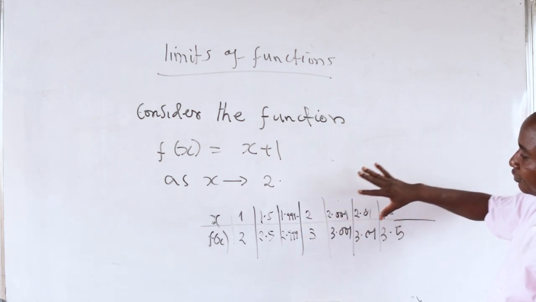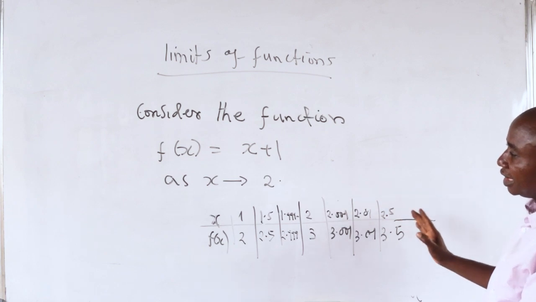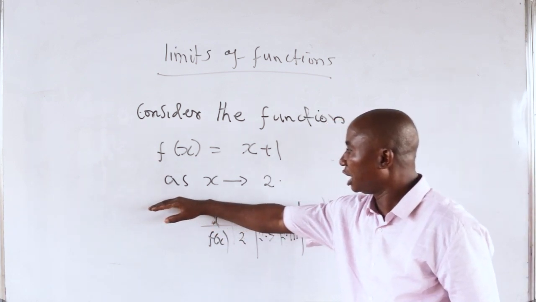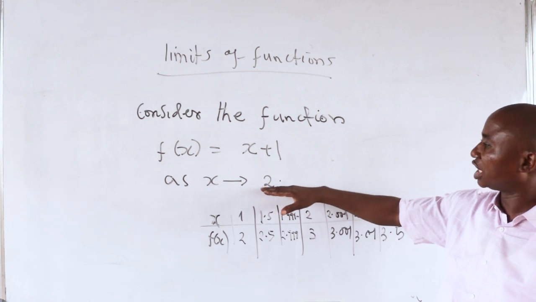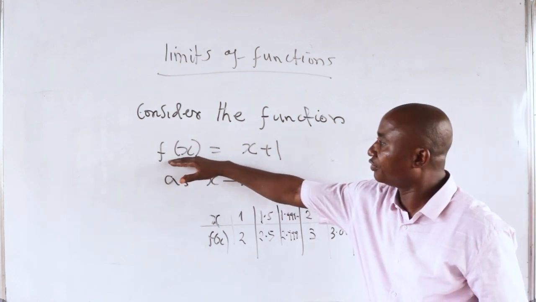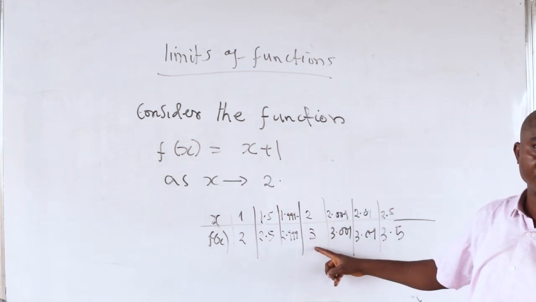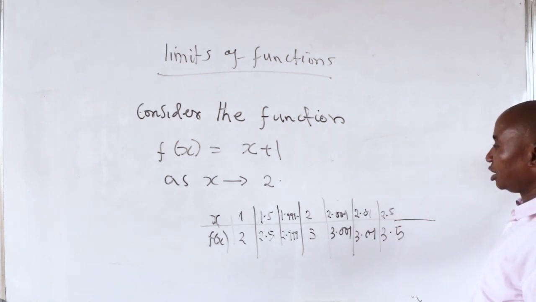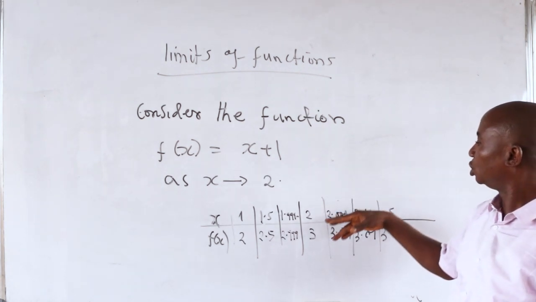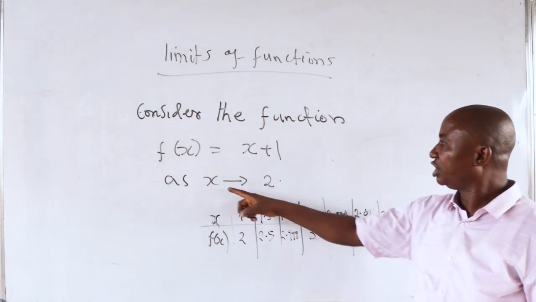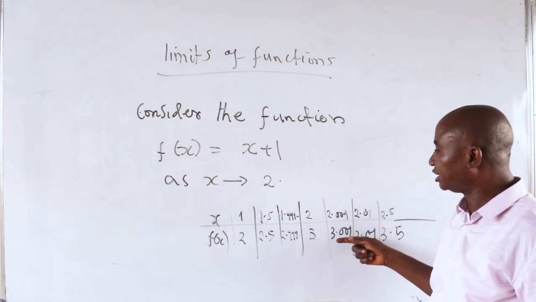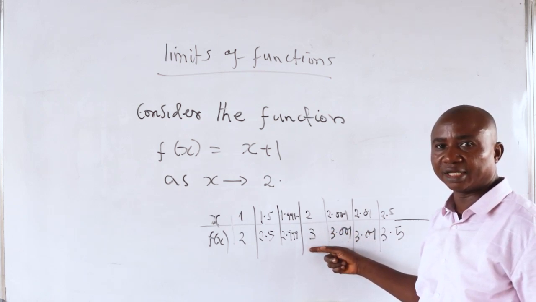So with this information, what we are seeing here is that whether we go from the left hand side of 2, as we begin getting closer and closer to 2, the values of f will be getting closer and closer to 3. If we start from 4, coming from right to 2 again, the images of this function f will be decreasing, getting closer and closer to 3.